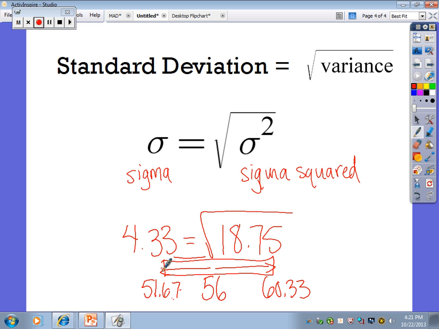Now, you can then go from standard deviation to what we call the z-score.